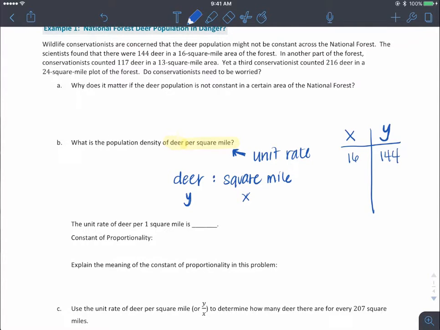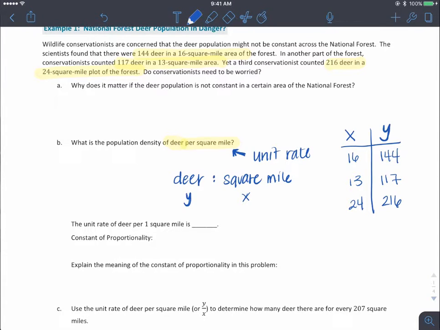Then we have 13 square miles and 117 deer. And then we have 24 square miles and 216 deer. That's how we would set up our table given this information, and that information can be found up here. That's where I got that information.